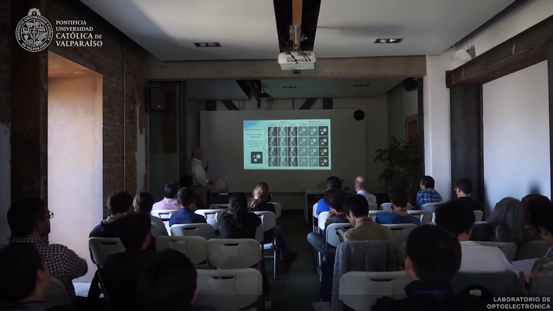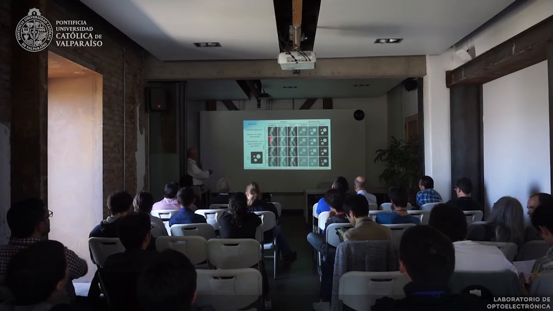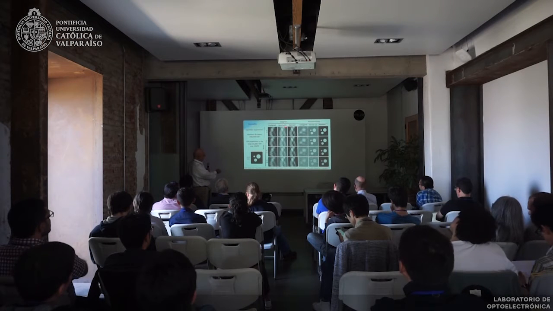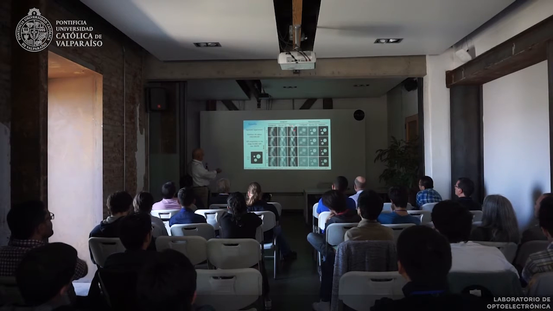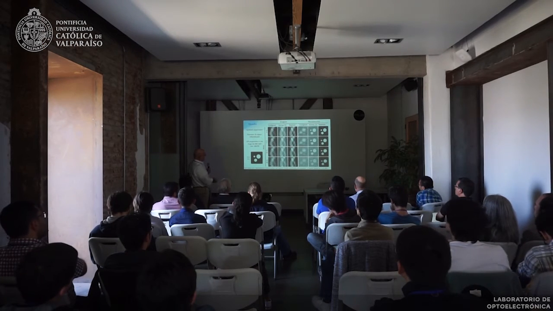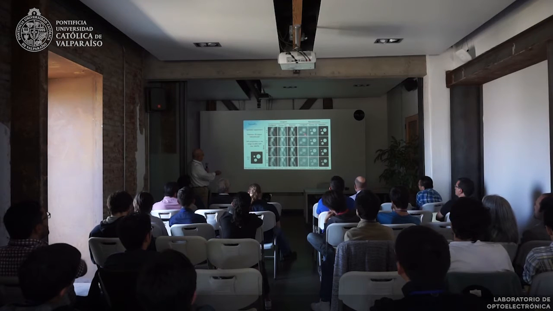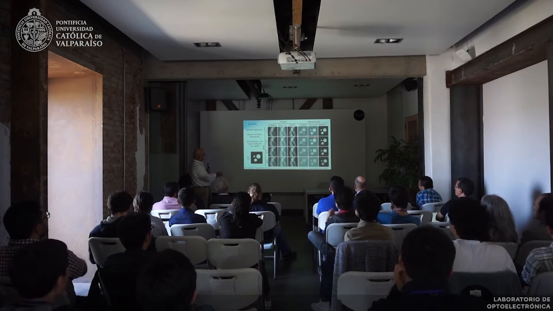Okay, so for this problem, here are the observations, and we compare with another method we developed with colleagues at Argonne. So this is the result, this is the sinogram, and this is what you get with this Bayesian method, and this is the object that gave rise to these sinograms.